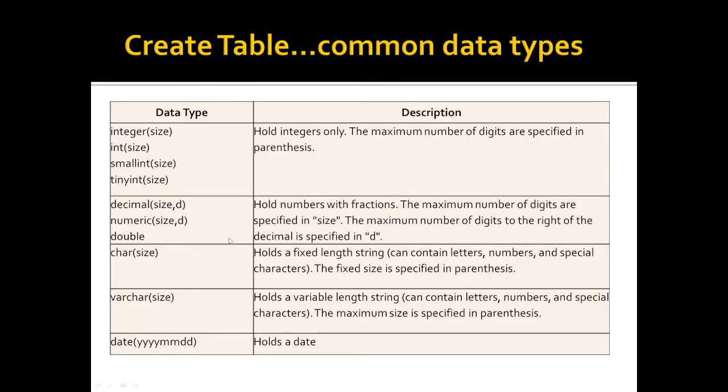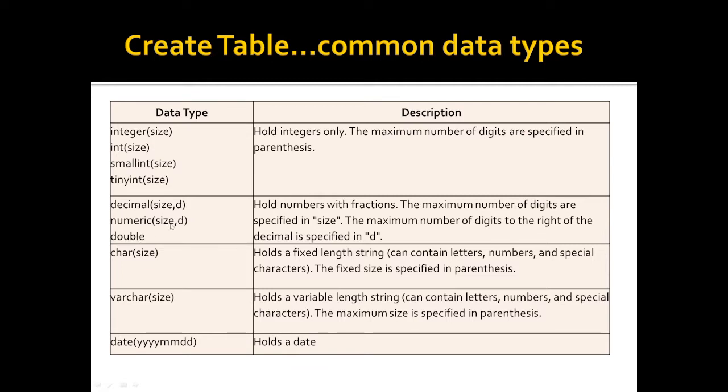And here are some of the common data types. So we have int, integer, smallint, tinyint. Sometimes it depends on the database that you're using. For MySQL, we usually use int for integers. And then we also have decimal, numeric, or double. In MySQL, we can use decimal or double.